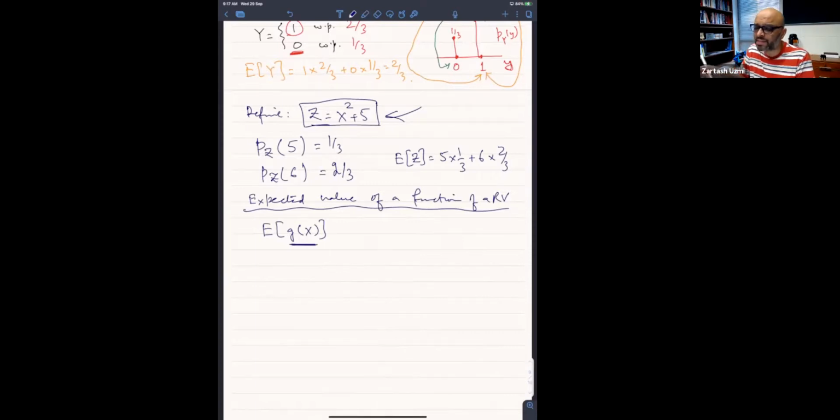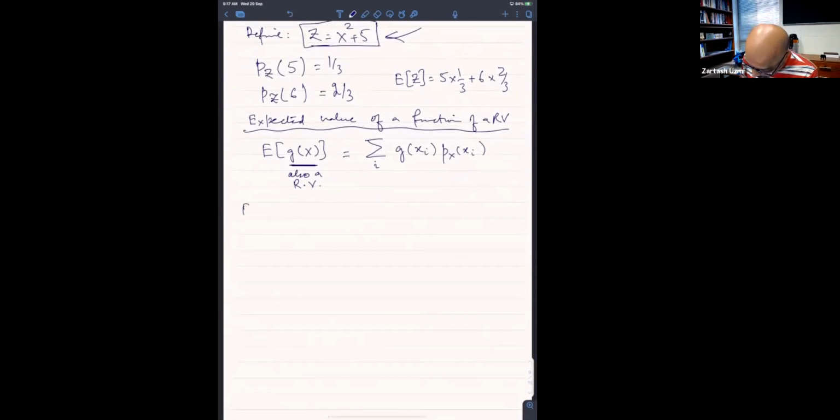So it makes complete sense to talk about its expected value. It is perfectly all right. g(x) will have a PMF and a CDF, and the expected value of g(x) is equal to summation over i of g(x_i) into p_x(x_i).